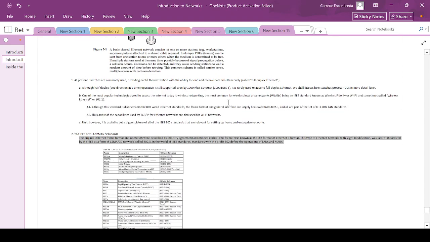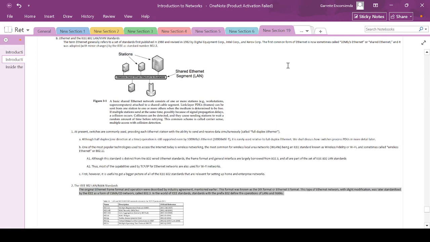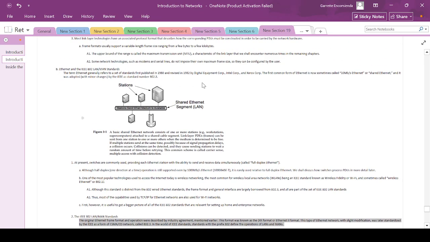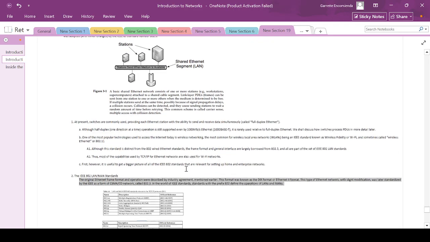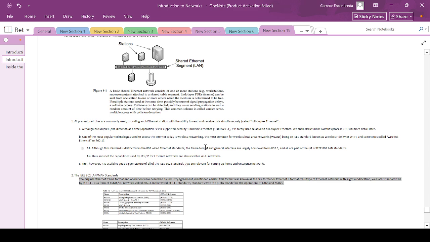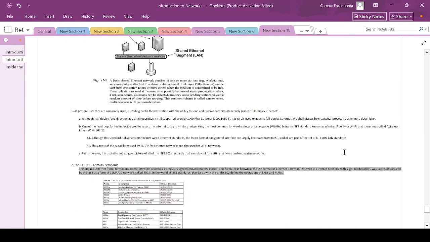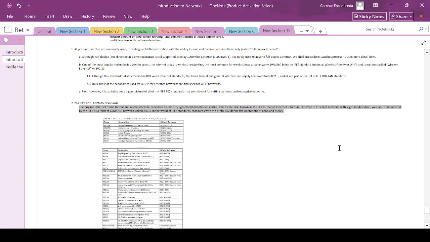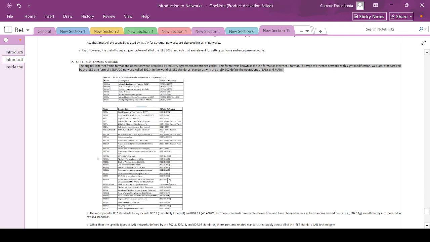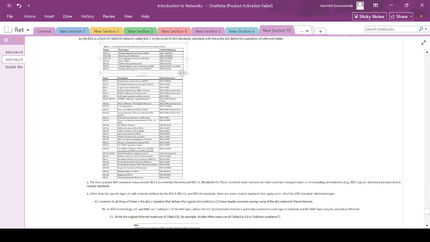So again, LANs are local area networks, and MANs are metropolitan area networks, such as cable TV and DSL connections. So 802 standards define the operations of the LAN and the MAN. So these are the examples.